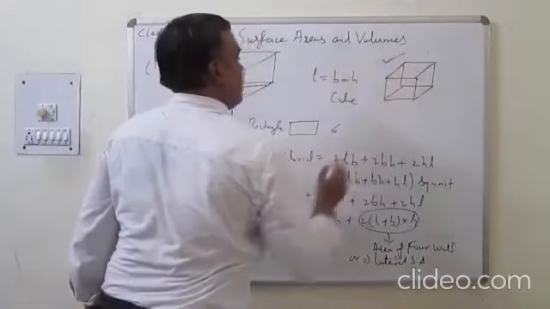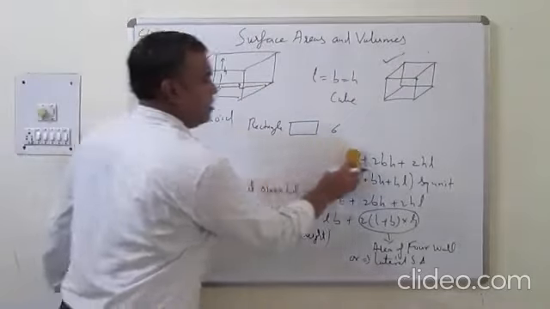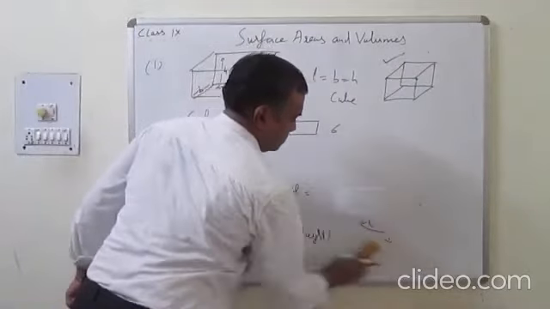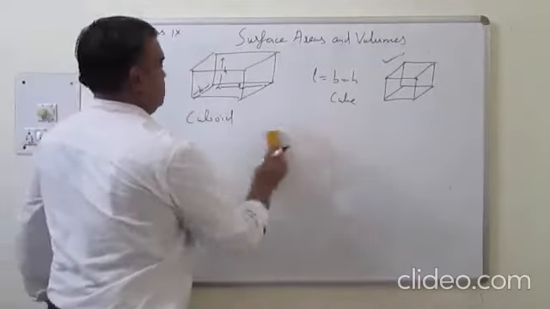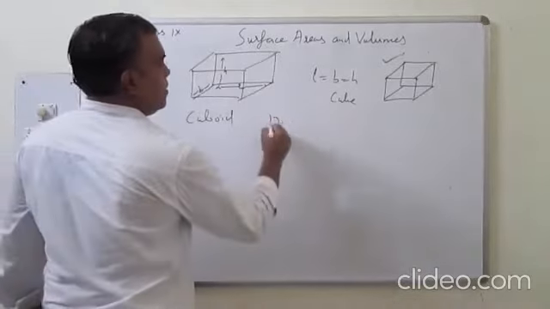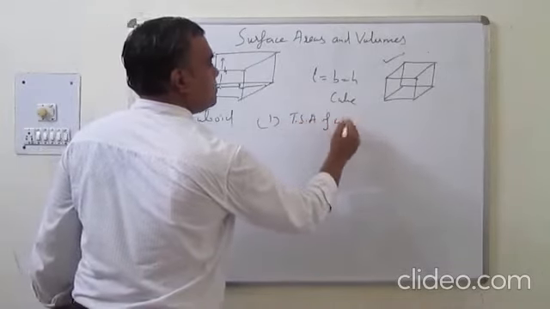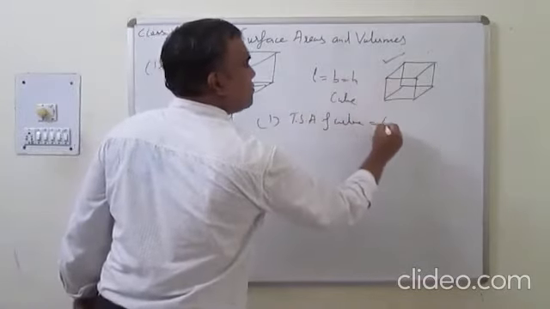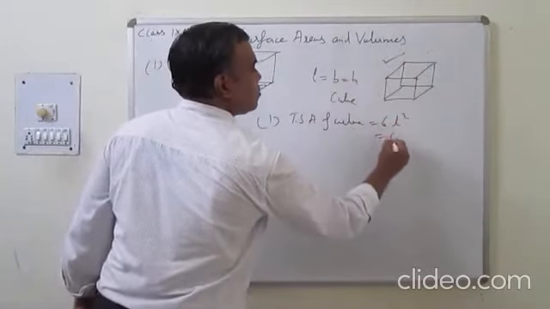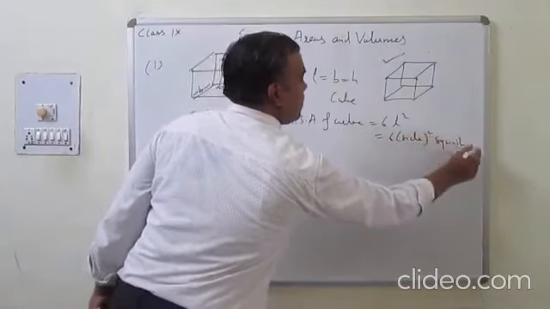If I take a cube, then what is the total surface area of cube? If all sides are equal, it becomes 6 into L square or 6 into side square. Unit is square unit.